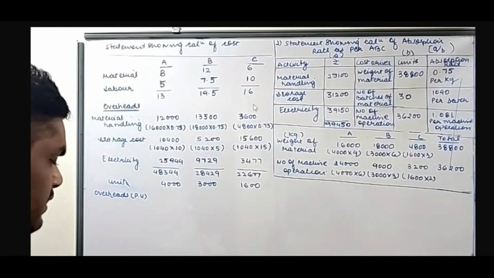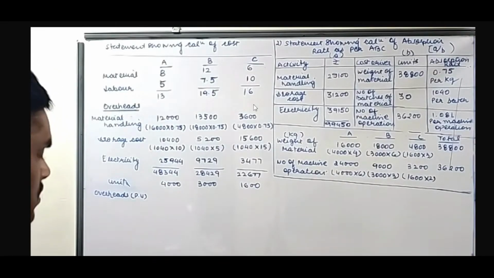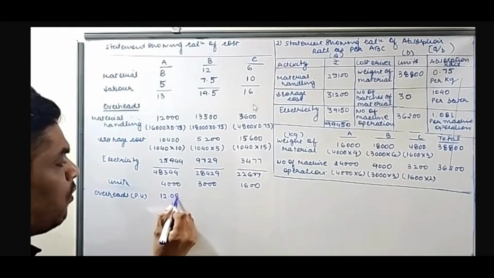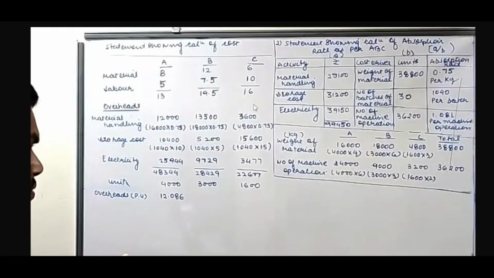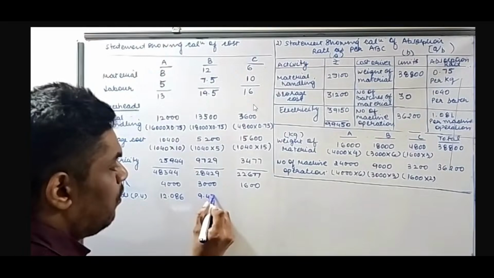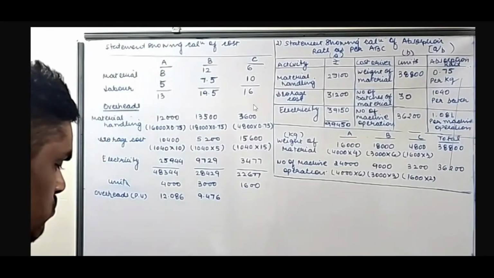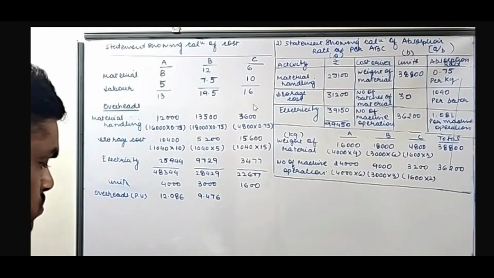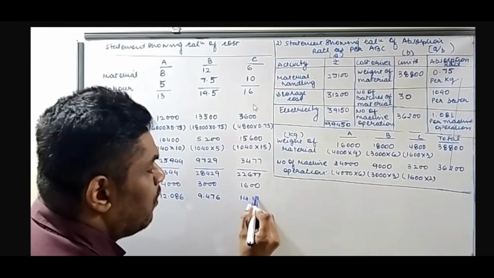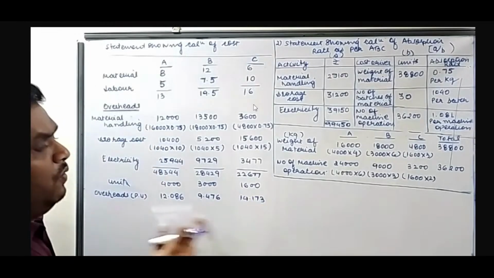So 48. So this is what we have got, the overheads per unit.